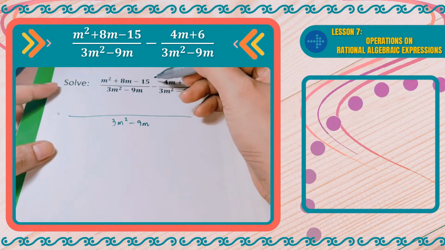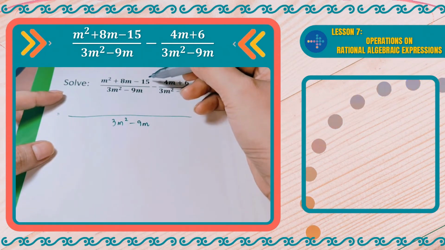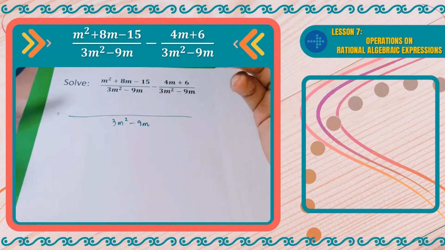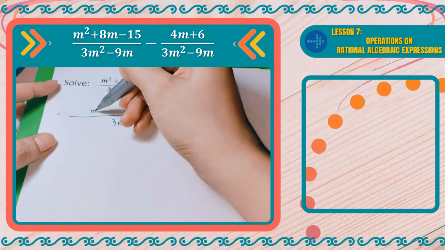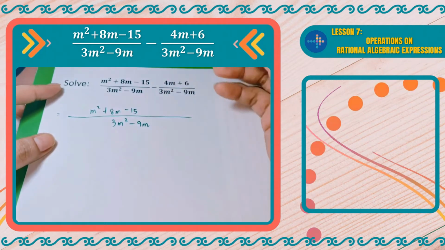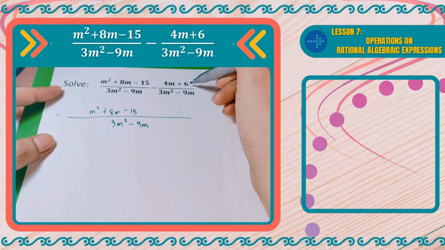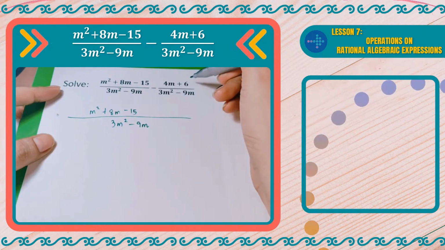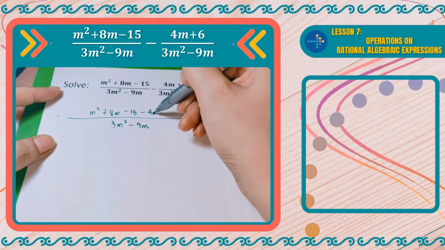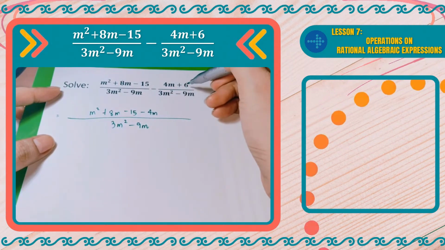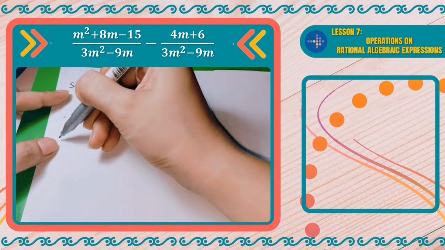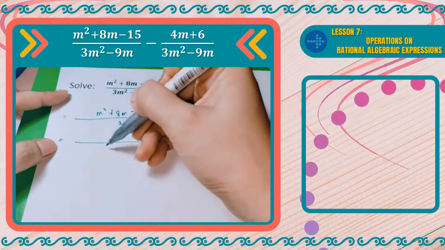Then, combine the numerators, subtract them. So, we have m squared plus 8m minus 15. When we subtract polynomials, we need to add their opposite. So, ang opposite ng 4m ay negative 4m, then opposite ng positive 6 ay negative 6. Then, let us combine similar terms.